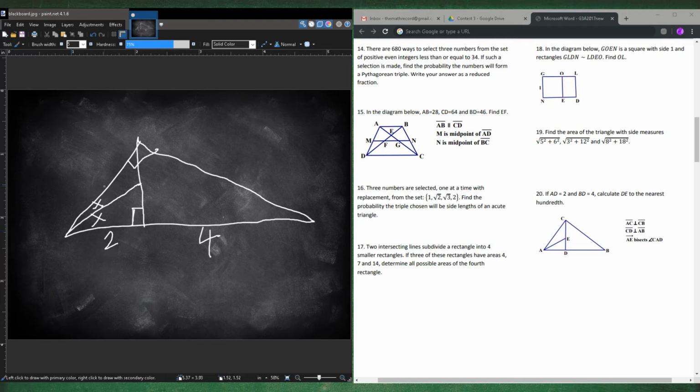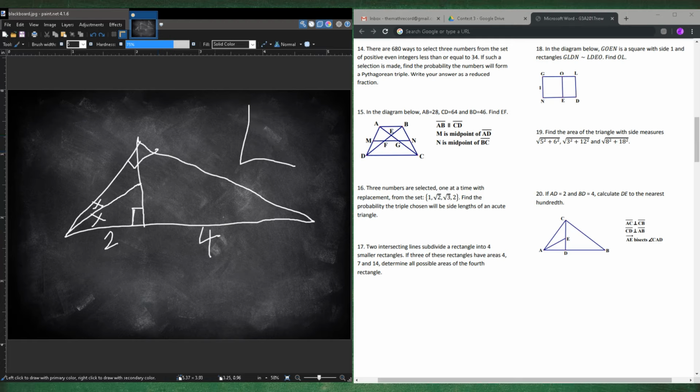A pretty cool formula about this kind of right triangle: let's say you have a right triangle, and then you make a height in there. There's a really cool property.